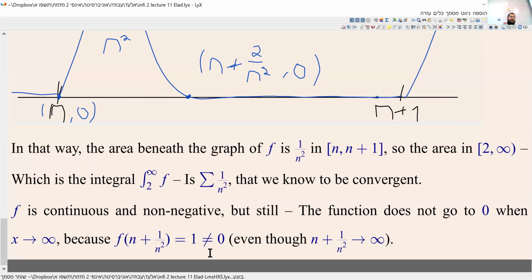So the function such as that, f(x), which geometrically speaking is triangles, is a counterexample for our question. The function is non-negative, is continuous, and has a convergent integral, yet it does not go to zero when x goes to infinity.